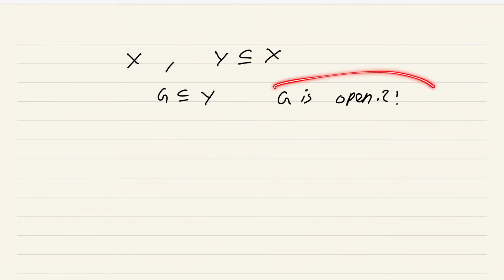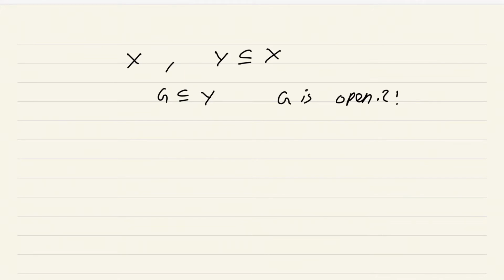This statement G is open could mean two things. Does it mean that G is open in Y, or does it mean that G is open in X? What I mean by that is, do I view G as a subset of Y with the subspace metric, or do I view G as a subset of X? How do I view it? What does this statement open mean now?